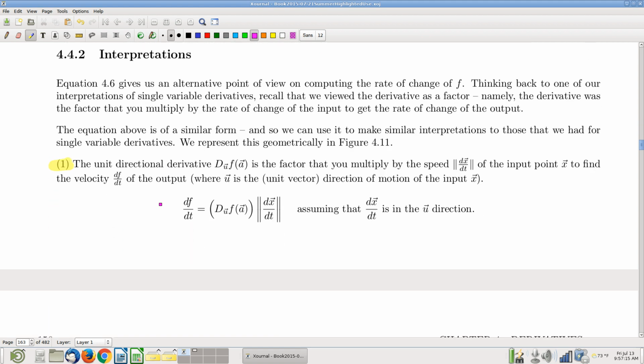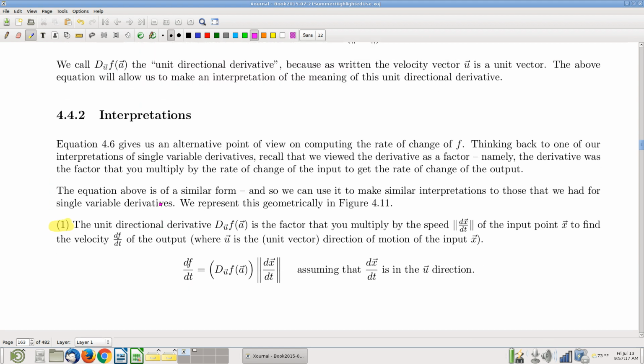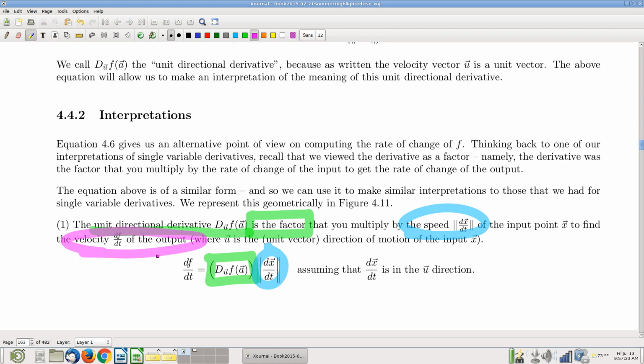Nice interpretations. The unit directional derivative is a factor. It's the factor that you multiply by input speed to get output velocity. That's what we just showed.